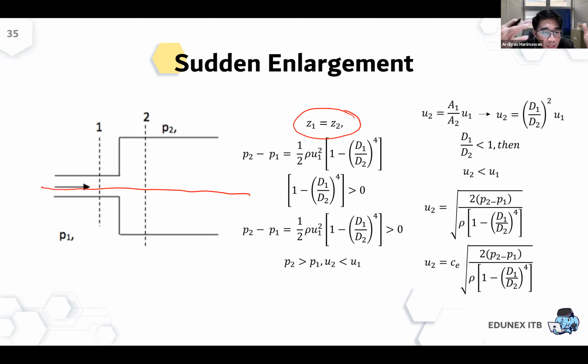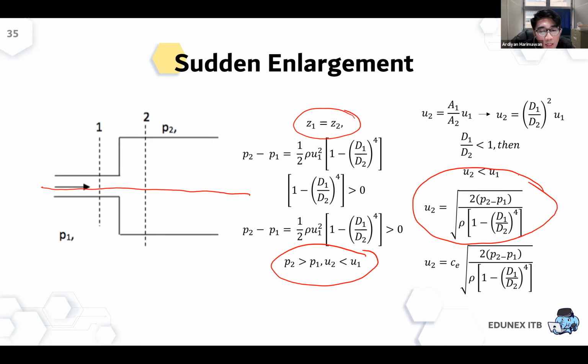You will have the same correlation, the same final equation. The velocity is decreasing at point 2, and the pressure is increased. Then you can calculate the correlation between the velocity at the outlet and the pressure difference.